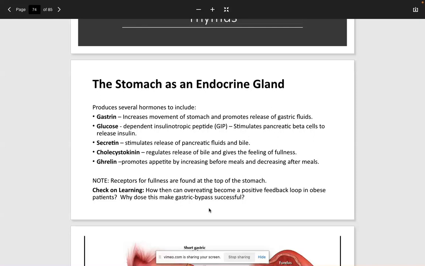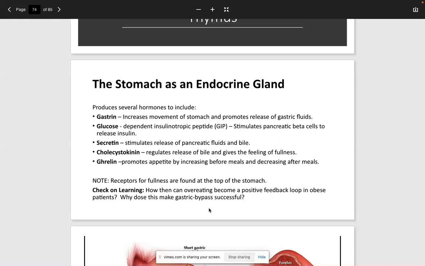CCK or cholecystokinin is going to be the hormone that is responsible for the release of bile. They eat this fatty rich meal. The fat stimulates bile release, so it causes CCK to release this. CCK is going to be the hormone that would be primarily high if you were to test it. We don't commonly do that in practice. Instead, we'll get an ultrasound, but CCK would be high if you were to test it within the body.